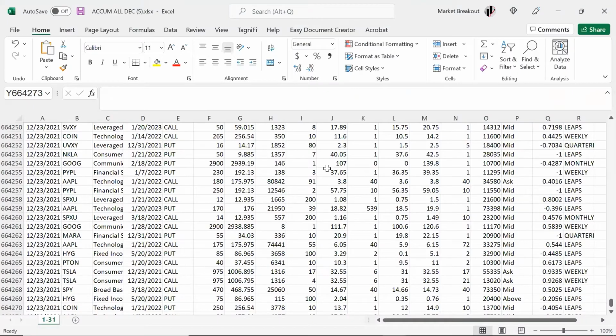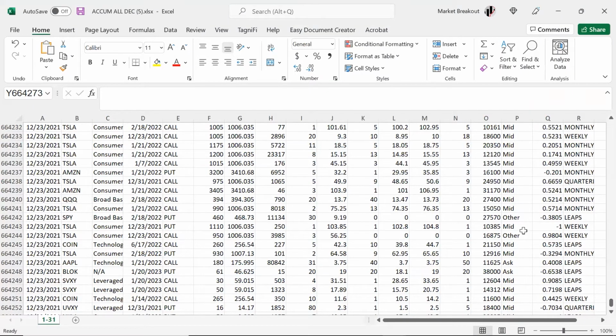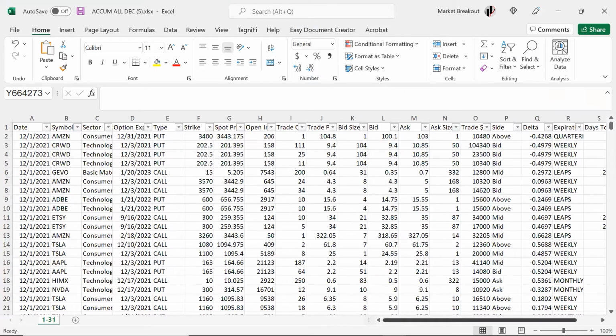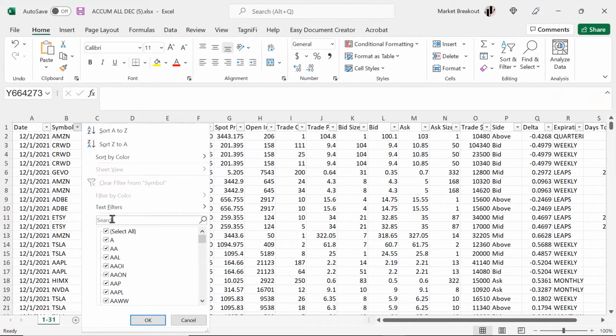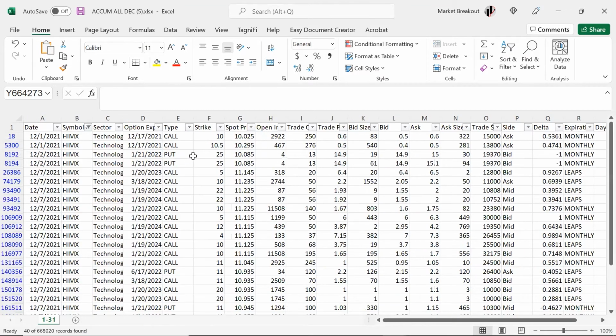And now we need to check another file about accumulation. We know this is the file "all accumulation," which usually shows us all stock which big guys accumulate. December, and we need to take a look at open interest.